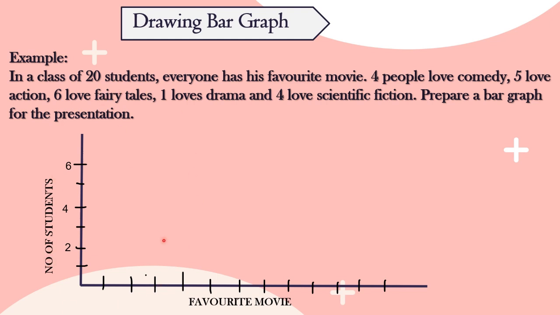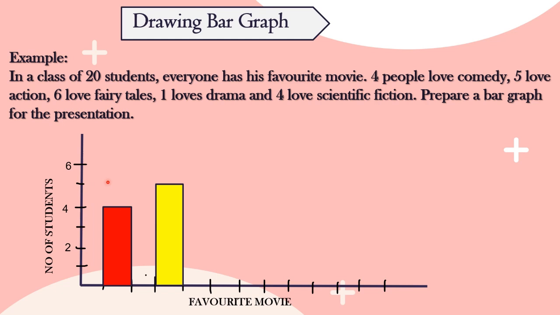So let's start drawing our bars. 4 people love comedy. You can see 4. 4 people I drew. You can also draw a line up to 4, another line up to 4, a straight line, then you join it on top here. 5 love action.